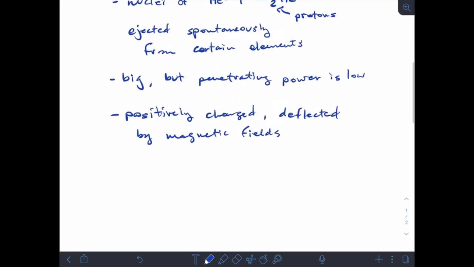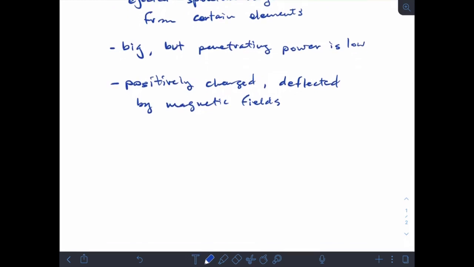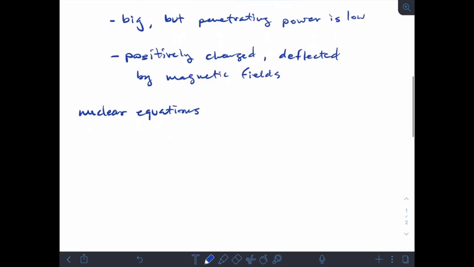So symbolism. Let's talk about how we look at what we call nuclear equations. We're going to start with what is sometimes referred to as a parent element. So we're going to take a look at uranium-238. Uranium-238 undergoes alpha emission, and what you'll get is an atom of thorium-234 and an alpha particle.